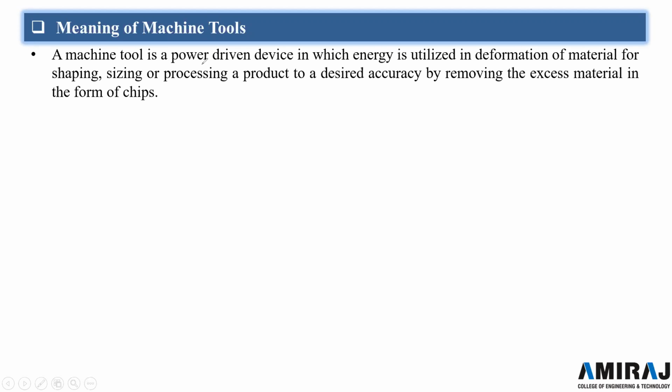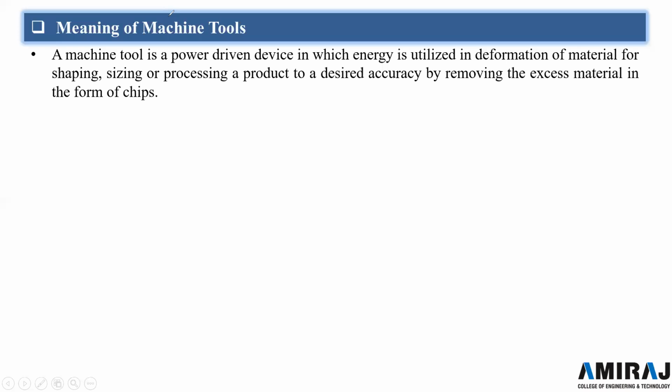The material gets deformed, shaping, sizing, or processing a product to a desired accuracy. Accuracy means closeness to our required dimension, by removing the excess material in the form of chips. So it is basically a material removal process, you can say.